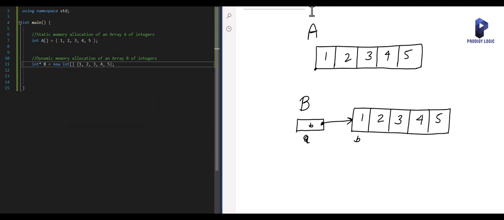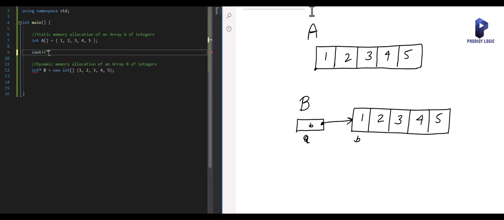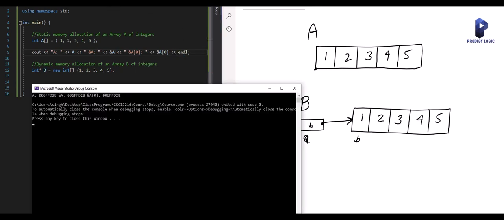Now let's check the address of A and B as well as their contents and their first element's address. In this case, all these three values will be same.